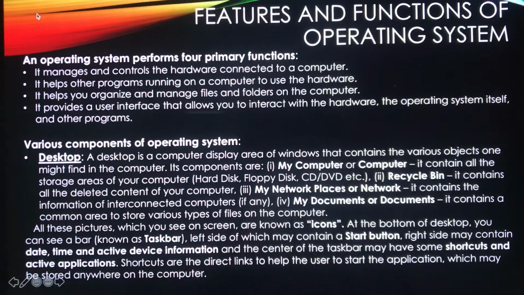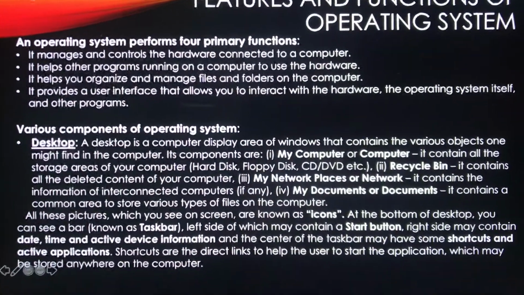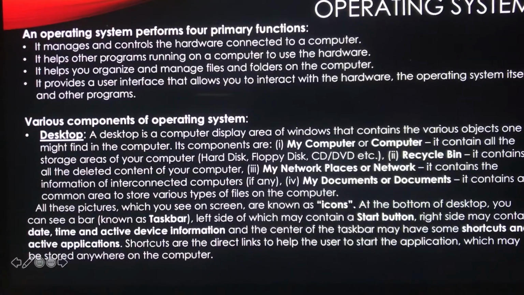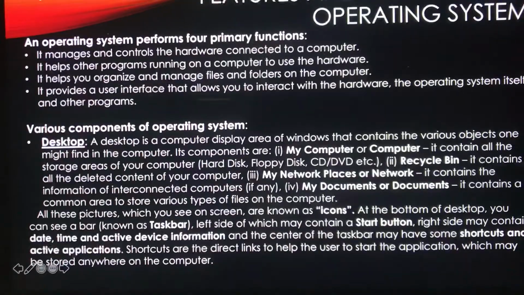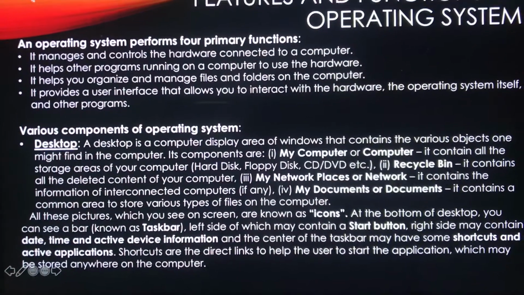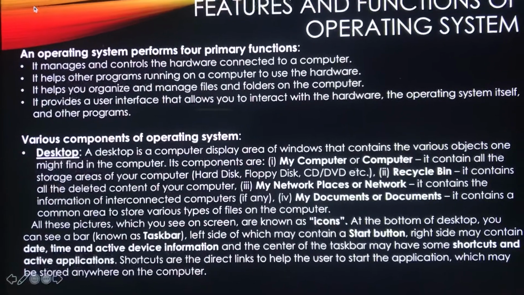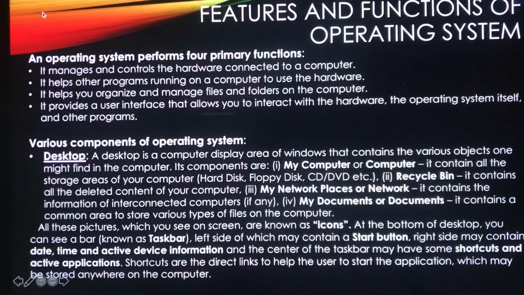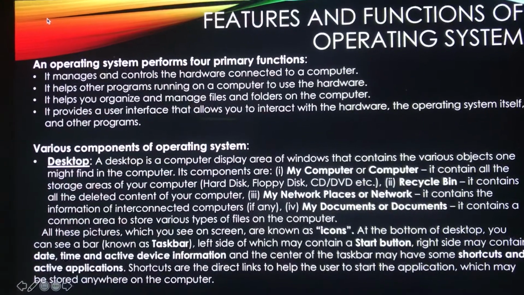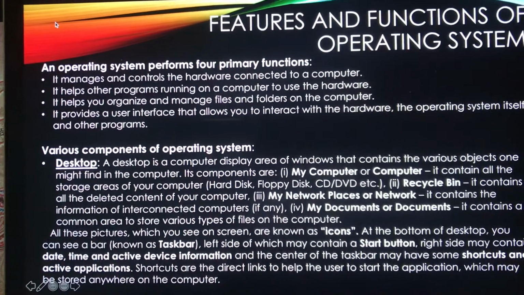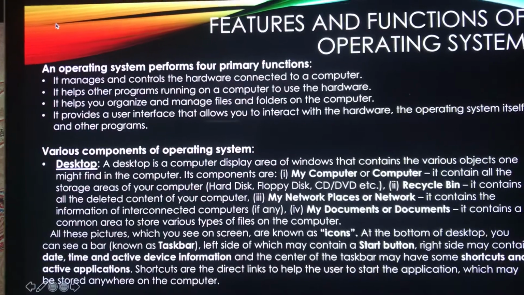On the desktop of your computer, you may find the following things. My Computer or Computer, which contains all the storage areas of your computer. Next is your Recycle Bin. It contains all the deleted content; whatever we have deleted goes to the Recycle Bin. Next is My Network Places or Network. It contains your interconnected computers, if there are any.